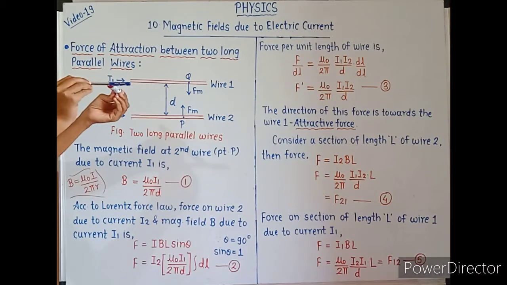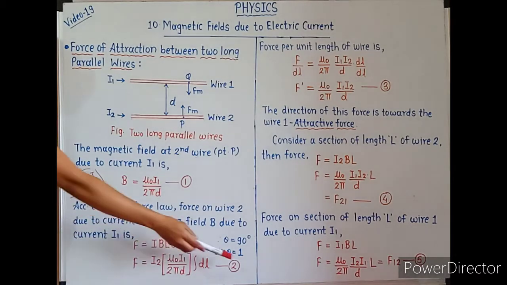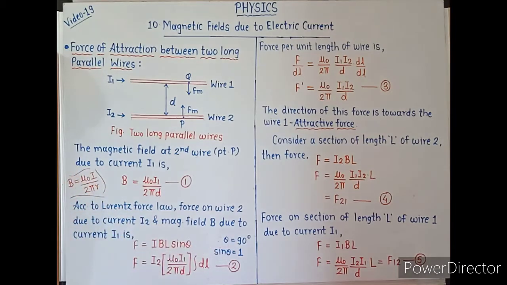So the angle between the direction of electric current and the direction of magnetic field B is 90 degrees, and we know that sin 90 is equal to 1, as theta is equal to 90 degrees. So we get F is equal to I B L, that is I2 into mu 0 I1 upon 2 pi d into the integration of dl, and this is your equation number 2.